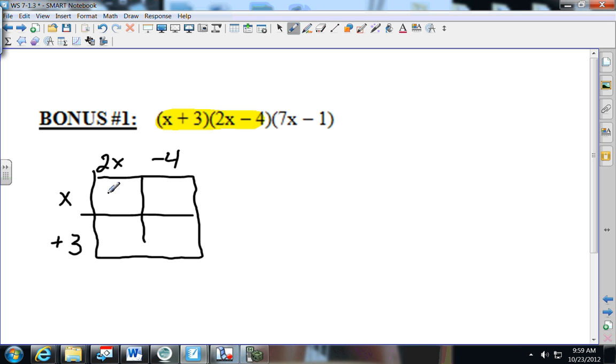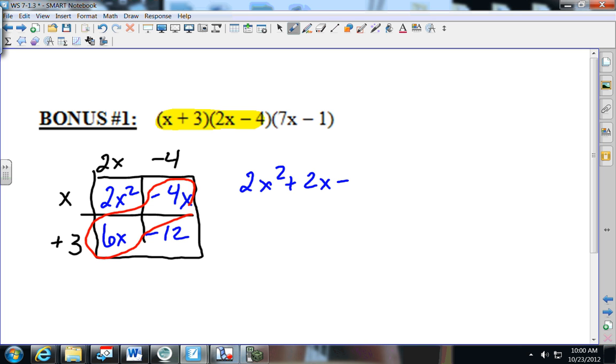So I'm going to get 2x squared, negative 4x. 3 times 2 is 6x. 3 times 4 is negative 12. Same thing we've been doing. So now I'm going to have 2x squared plus 2x minus 12, right?